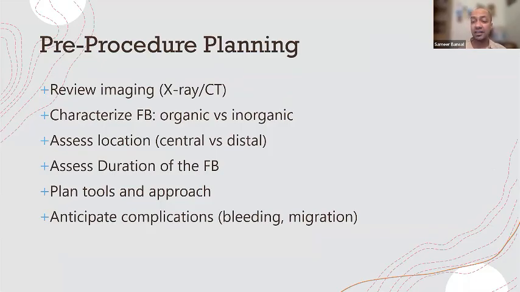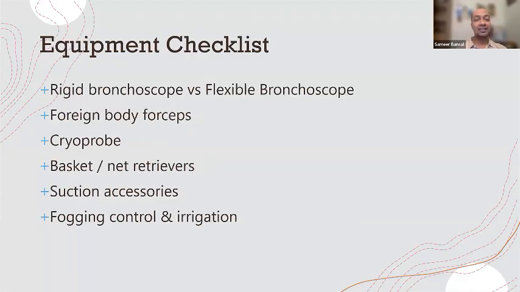Because that can tell you whether there may be bronchiectasis, whether the foreign body may have some granulation tissue around it or not. And accordingly, you need to plan your tools, because they do differ when you are dealing with either, say, an organic or an inorganic foreign body, and anticipate complications always and be ready for it, such as bleeding, migration of foreign bodies, and all of these things.